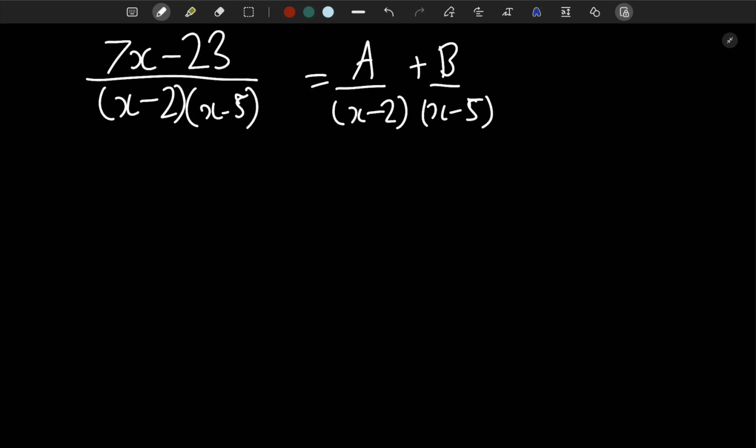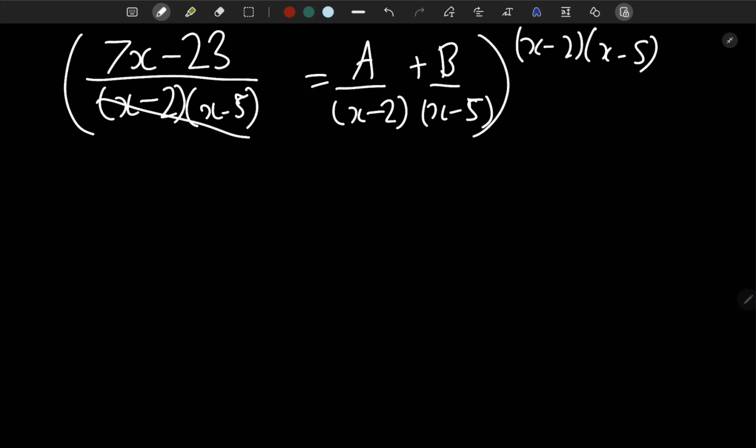Now what do you think we should do to find the values of a and b here? One thing we can do is multiply the entire thing by x minus 2 and x minus 5. What this will do is get rid of this first of all.